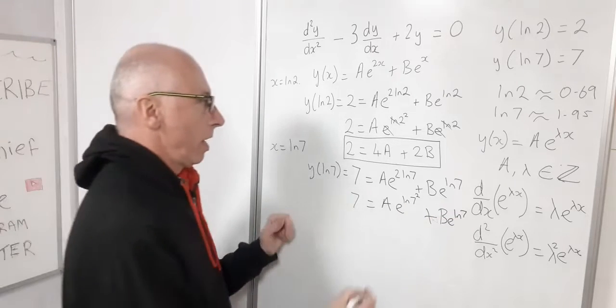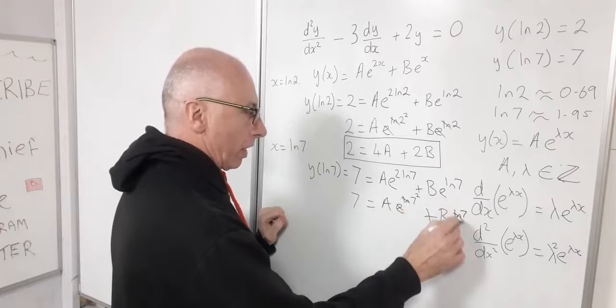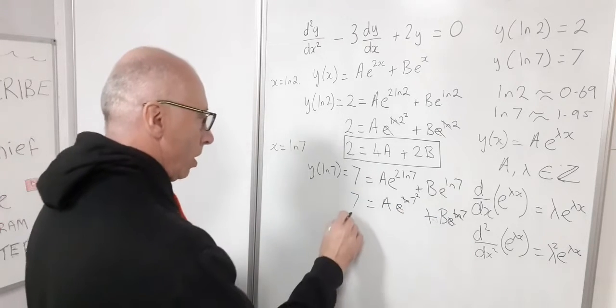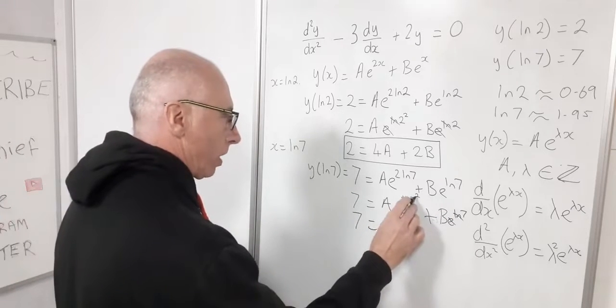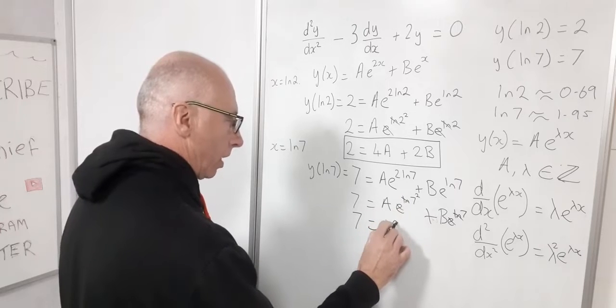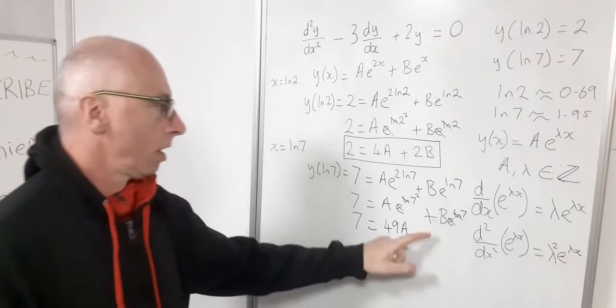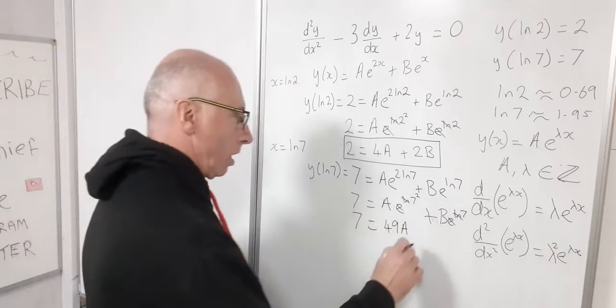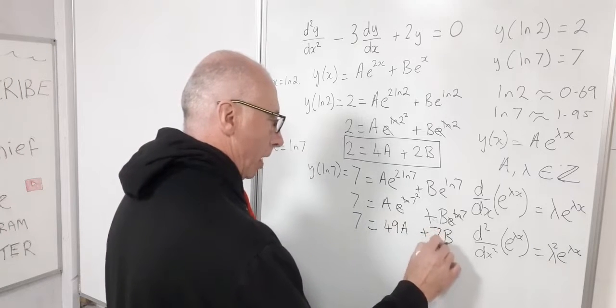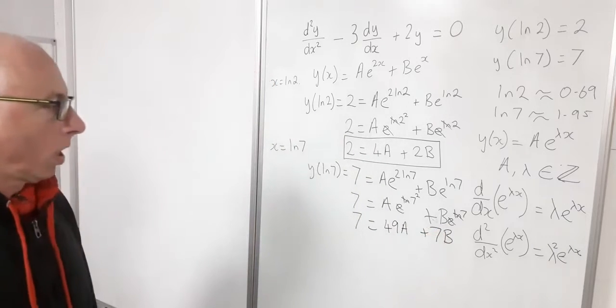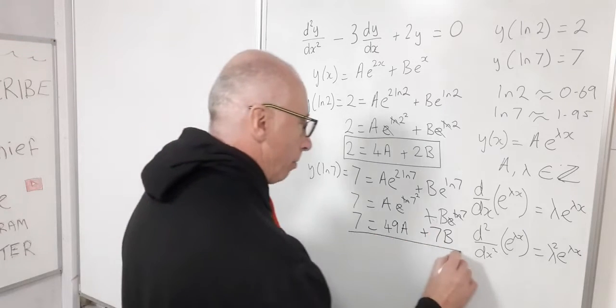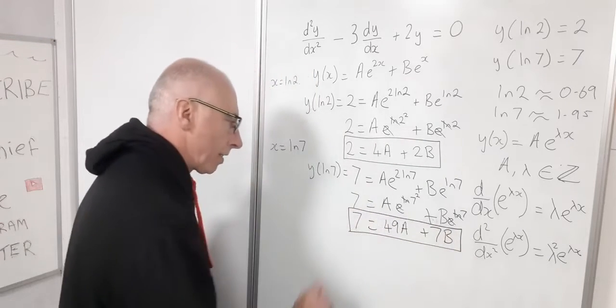Okay, so now exponential and logarithm cancel each other out because they're inverse functions. So now I've got 7 equals 7 squared times a, it's going to give me 49a, plus b times 7, that's plus 7b.